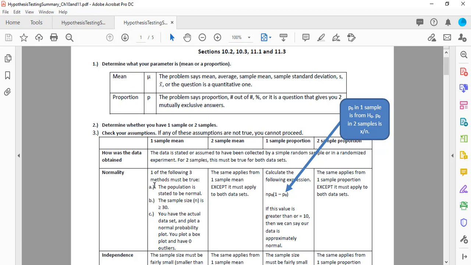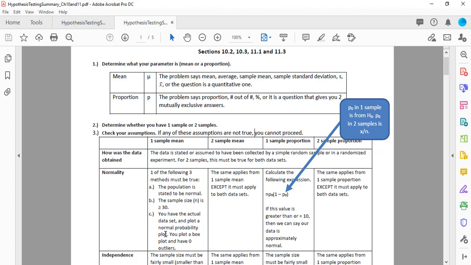If you have a mean problem, one of these three things has to be true. So either the particular problem states specifically that our population is approximately normal, or the central limit theorem says that if your sample size is big enough, it doesn't matter what the shape of your population is, and big enough, according to our textbook, is greater than. If you actually have the data, then you need to plot a normal probability plot and make sure that all of your points are close to that line.